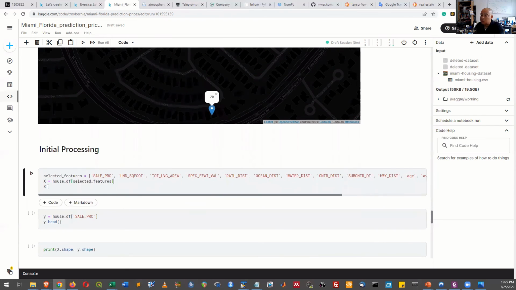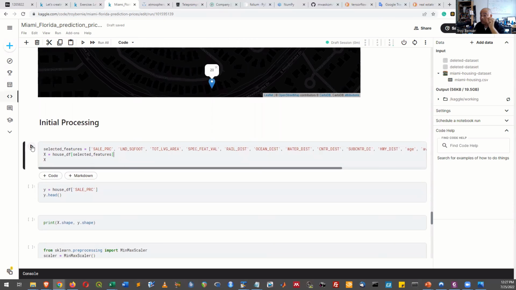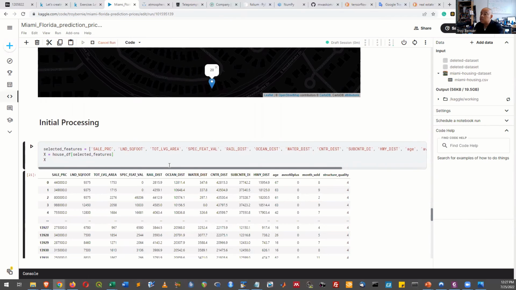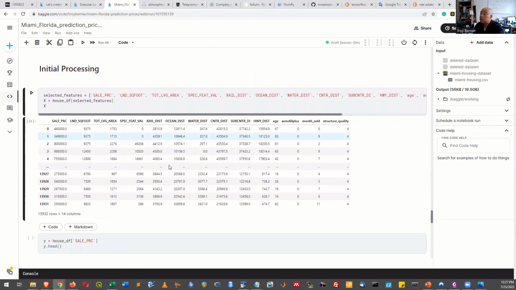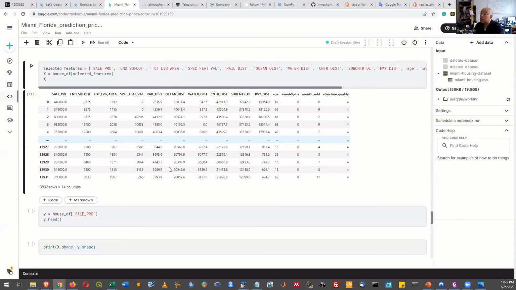Okay, now we're doing some feature engineering. We're going to be doing some feature engineering here. So feature engineering, meaning we're going to be breaking our data down into information so that we can perform machine learning analyses.